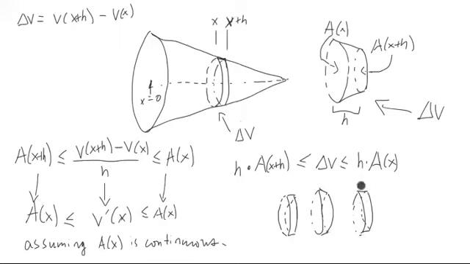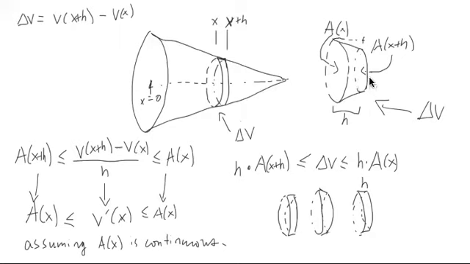The height would be h, going in this direction, and the base would be right here, which would be A of x. So A of x would be the area of the base times h. So that would be this volume, which of course is going to be, so think about going out this way. Going out here, we're getting a bigger cylinder to go around.